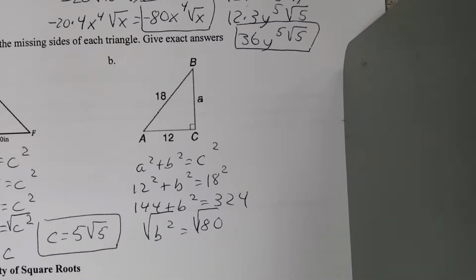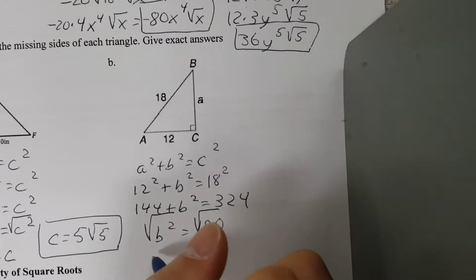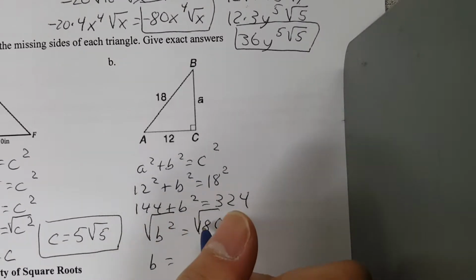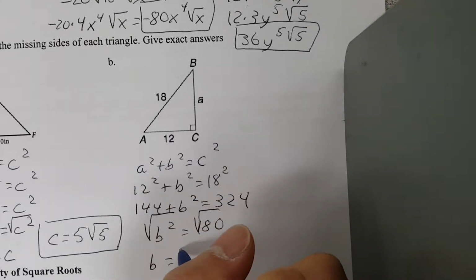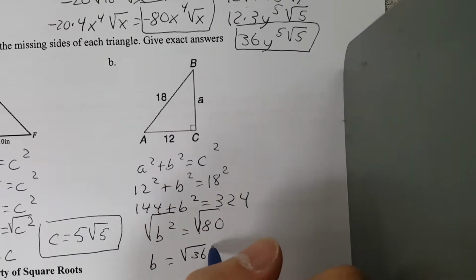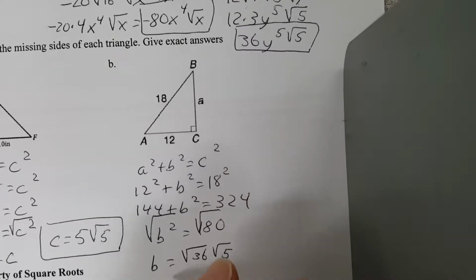I got it, it was 36, because 36 times 5 is 180. So this is square root of 36, square root of 5. So B is equal to 6 root 5.